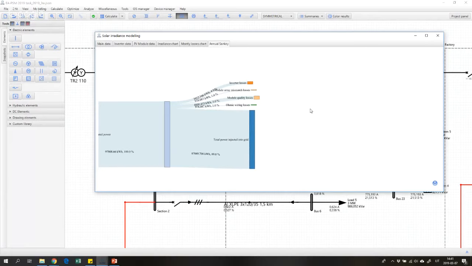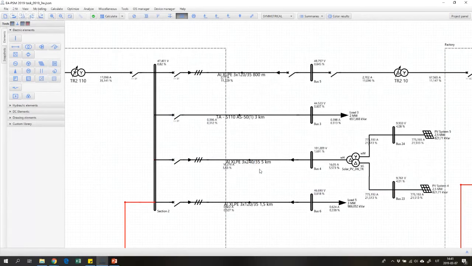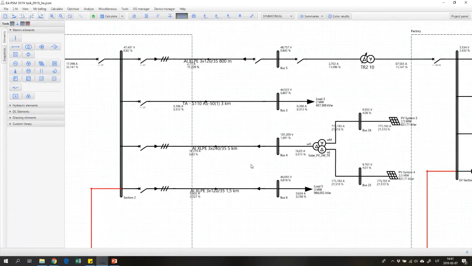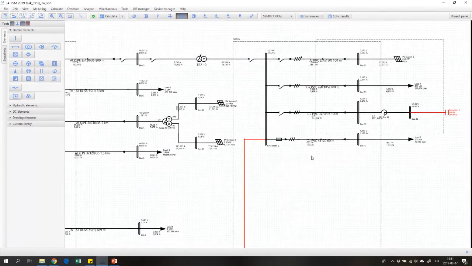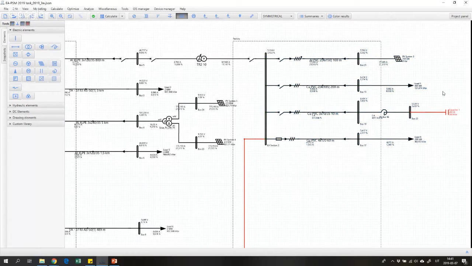So we provide the full list of functionality to do designs for renewable energy, but it is not limited to that. It can be used to calculate distribution networks, do protection coordination in isolated ungrounded neutral networks, and also analyze industrial networks, as you can see here. It's a typical industrial network scheme.